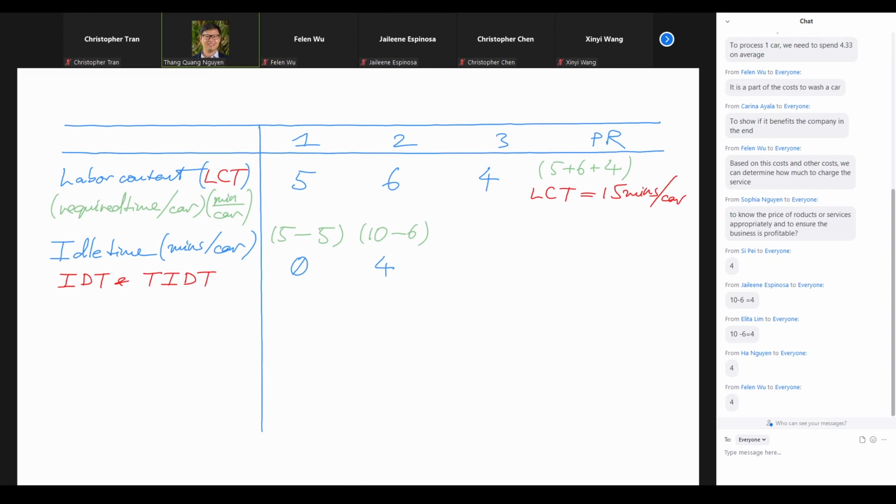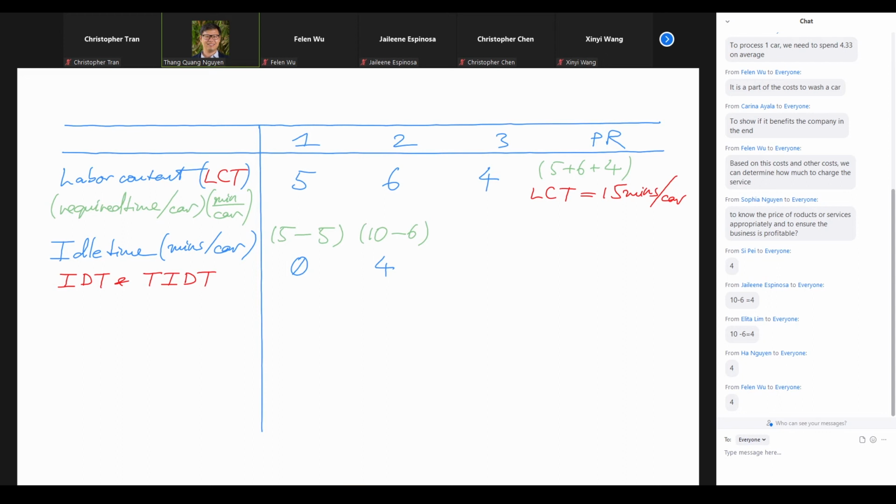It's perfectly legal for them to not work during the idle time, because why? Because the car is already done and they are waiting for the next car to come up. How can they work, right? They are still waiting for the next car to come up. So that's why they have the idle time. So we have 4 minutes idle time at station 2, and actually it is our fault. It's not the worker's fault.